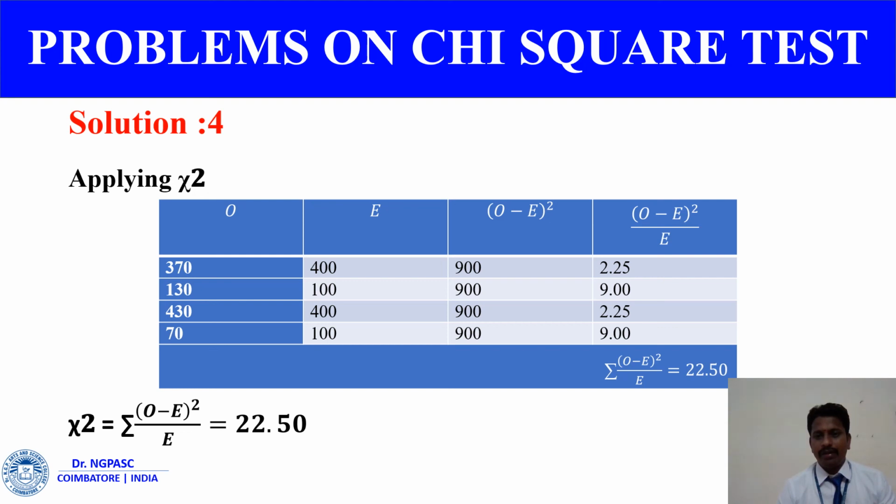Next, to calculate the sum of observed frequency minus expected frequency whole square by E. The addition of the four values is 22.50. By using the formula, chi-square equal to summation of observed frequency minus expected frequency whole square by E, that is 22.50.